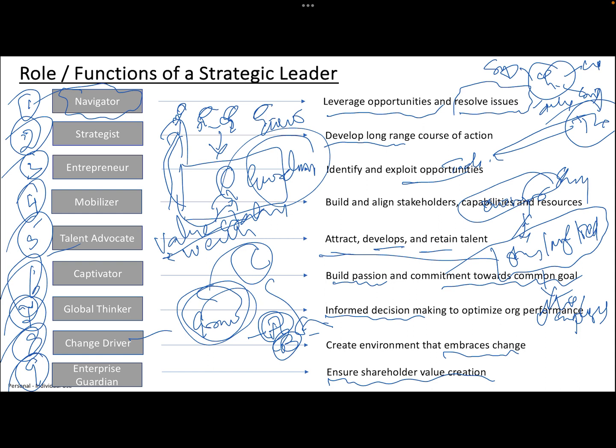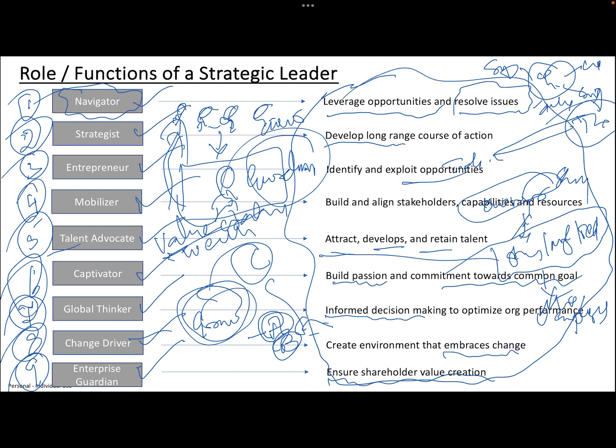Okay, guys, these are the different roles played by a strategic leader: navigator, strategist, entrepreneur, mobilizer, talent advocate, captivator, global thinker, change driver, enterprise guardian. Students, please remember that when you write these, don't forget to add these wordings in your answers.